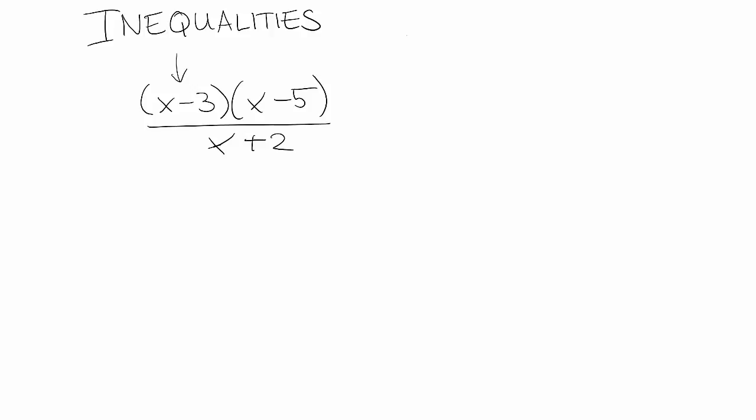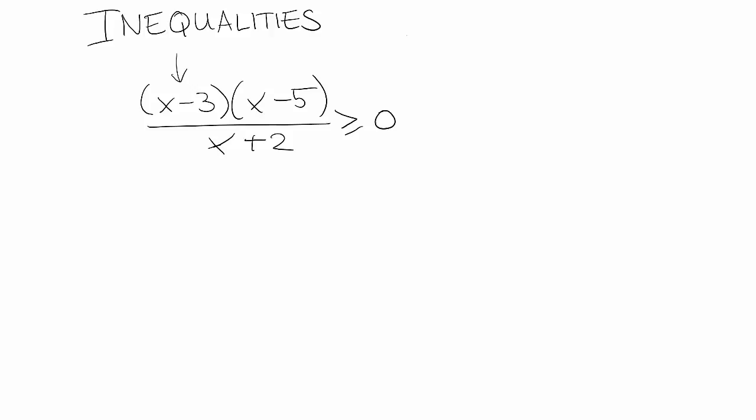Now let's consider one more case, and that's if you had an inequality that as you simplified, you ended up with something factored like this: (x - 3)(x - 5)/(x + 2) greater than or equal to 0.